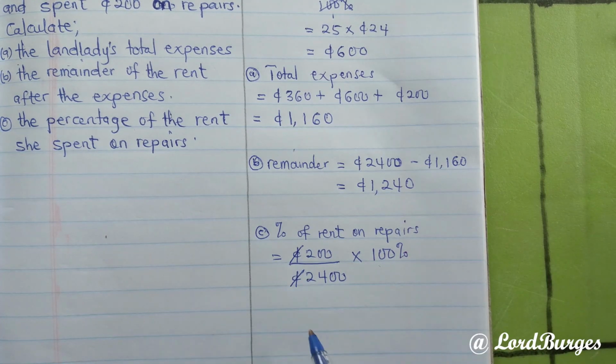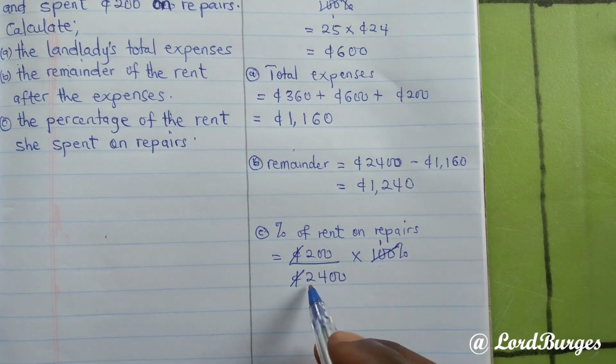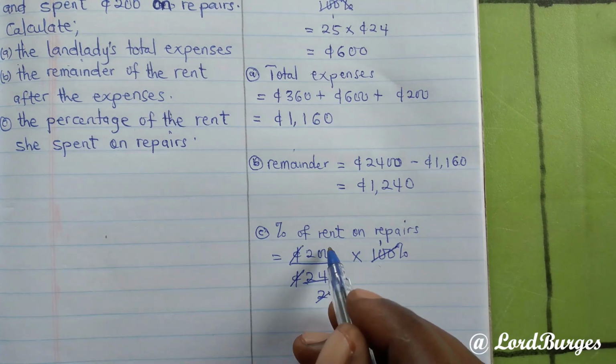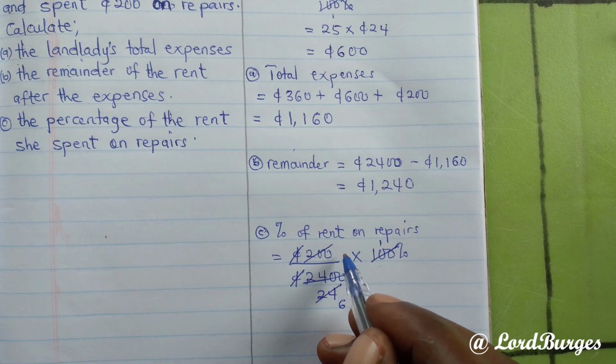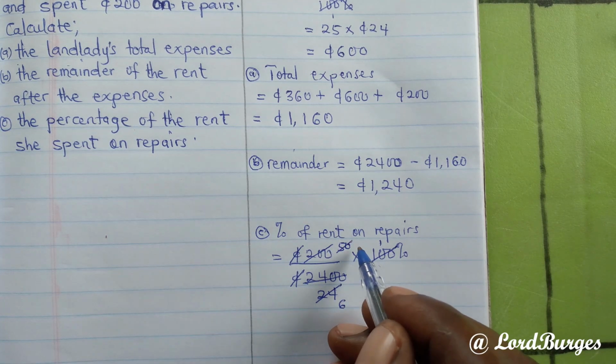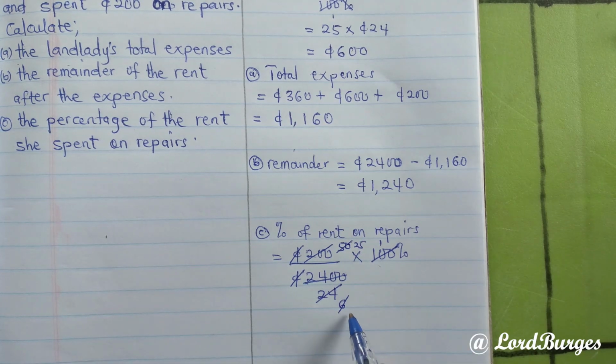So this cancels out. 100 into itself 1, 100 into this 24. 4 into 24 is 6. 4 into 200, that is 50. 2 into 50, 25. 2 into 6, 3.